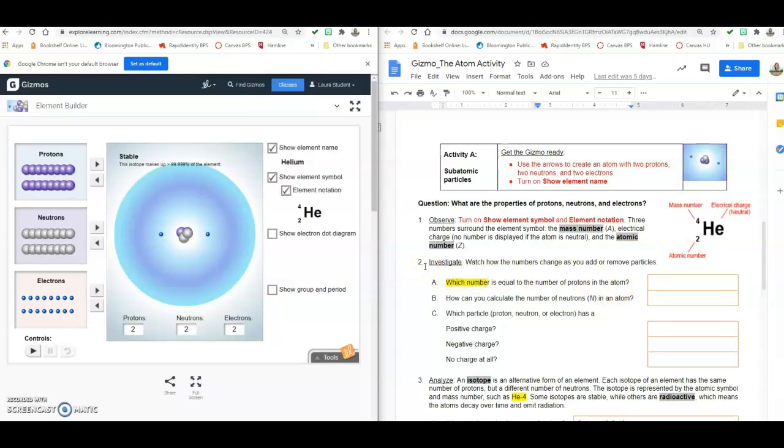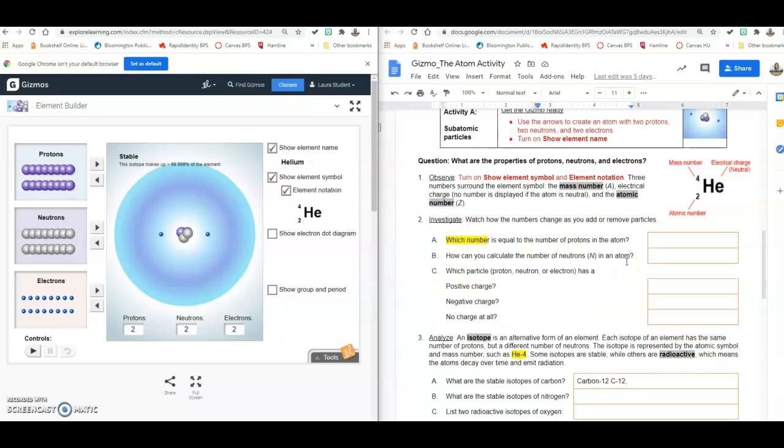Now let's do an investigation. Watch how the numbers change as we add or remove particles. The first part says which number, and when we say which number, we're referring to atomic number, mass number, or electrical charge number. Which number is equal to the number of protons in the atom?